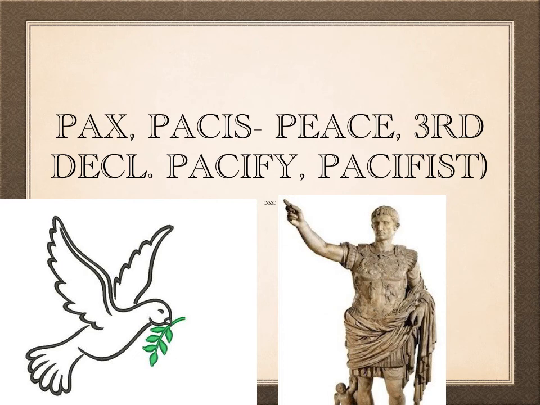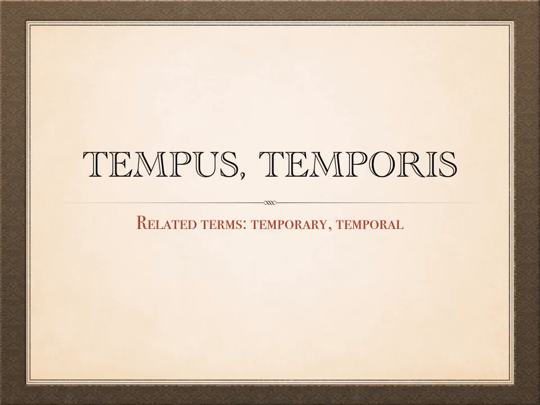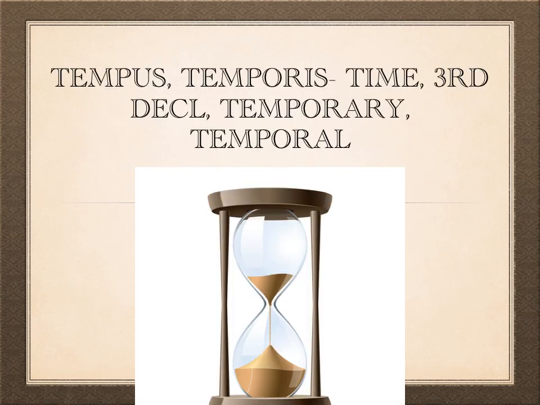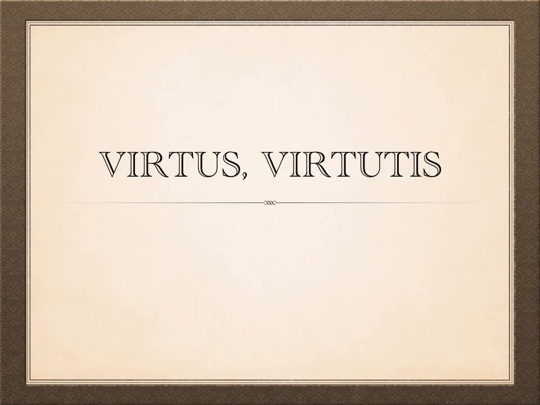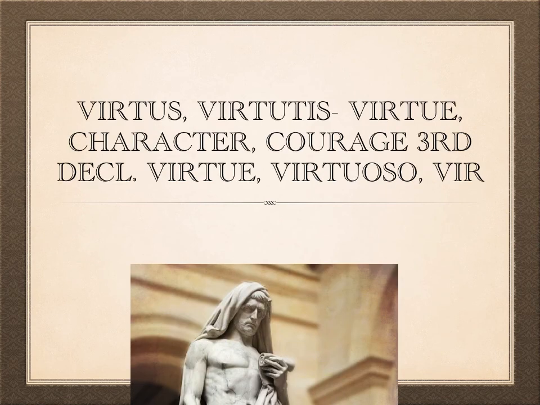So similar to otium. Tempus temporis, we get words like temporary and temporal from this. It means, oh, excellent job, very good. Someone said it. It's time. Good. Virtus virtutis. This one's pretty easy, right? It's one of our 5 blanks, while also being the word for those blanks. Our 5 virtues, right?